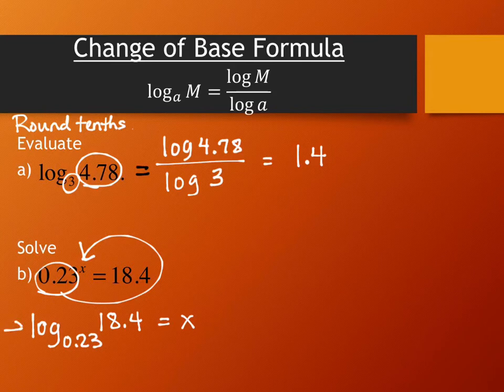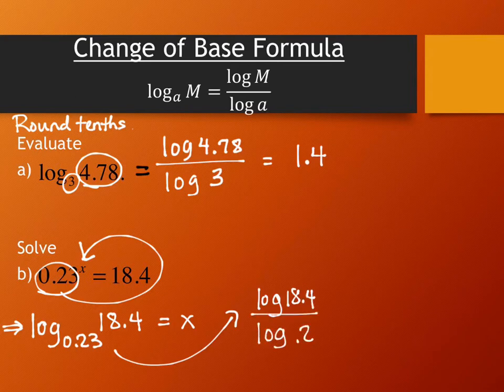Now, until today, you wouldn't have had a way to simplify what's on the left to another version of that, a simplified sort of approximation anyway. But now you do. So how can we rewrite that piece on the left with the change of base formula? Log 18.4 over log of 0.23.